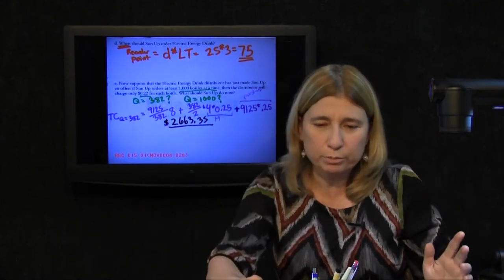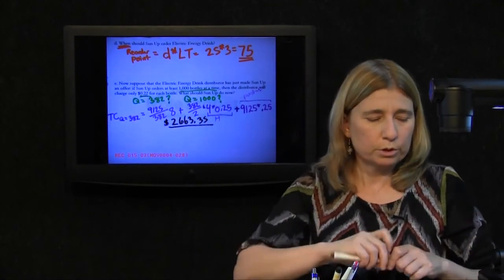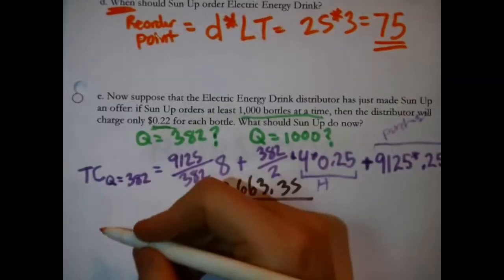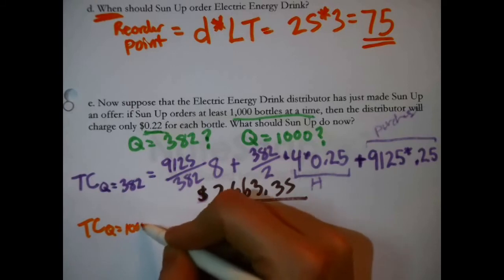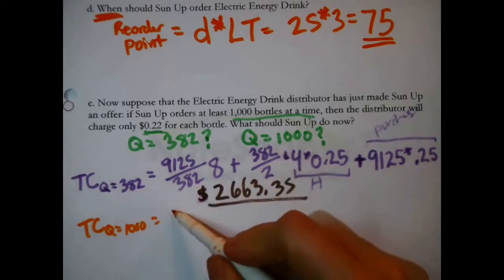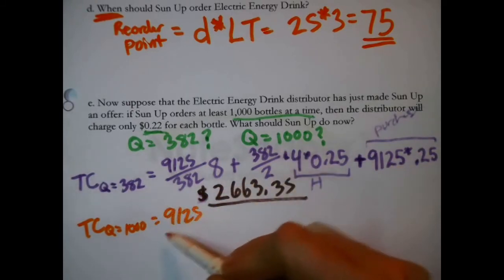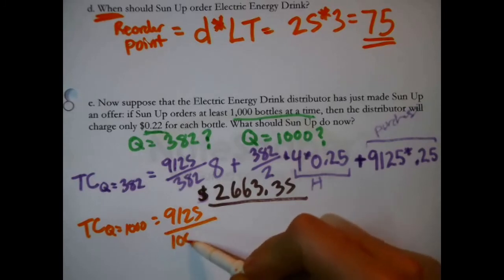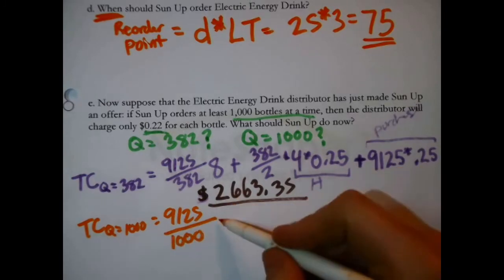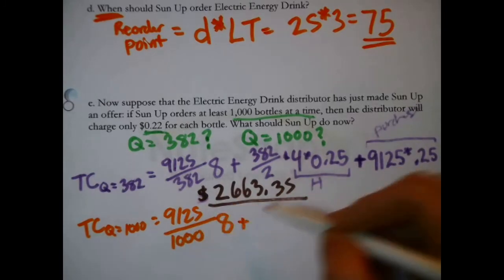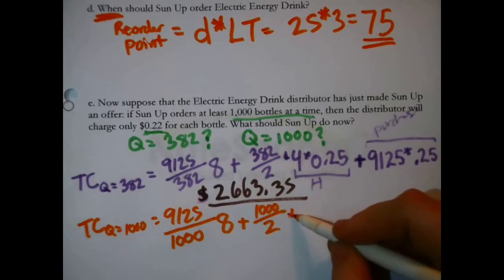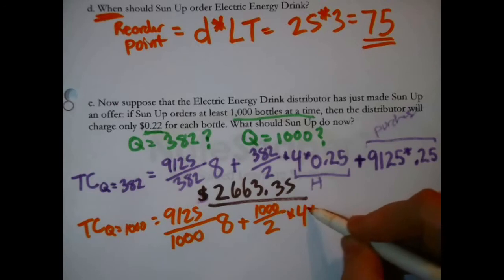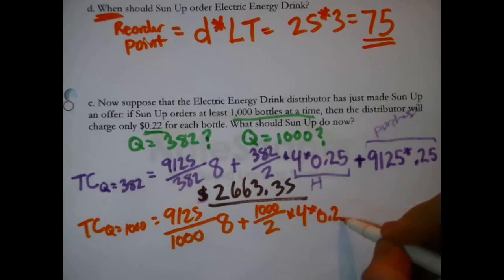Now, we're still trying to pick between these two, so we've got to test the other one. Total cost, Q equals 1,000. We'll just repeat this formula. Still 9125 is our D divided by, we're testing an order size of 1,000, but it's still times 8. That's the ordering cost. 1,000 divided by 2 is the average inventory, times 4 times the unit price.